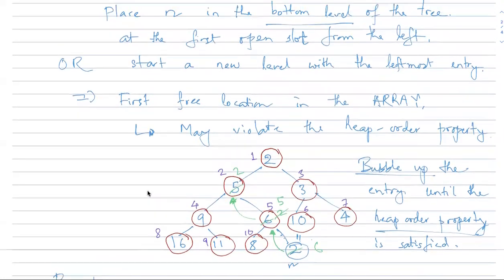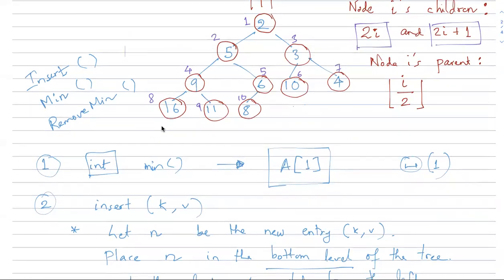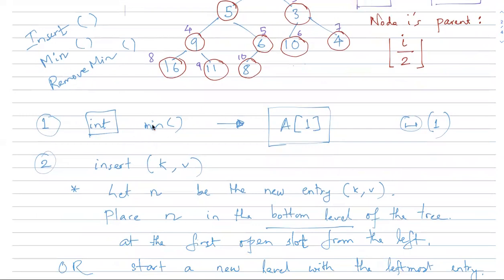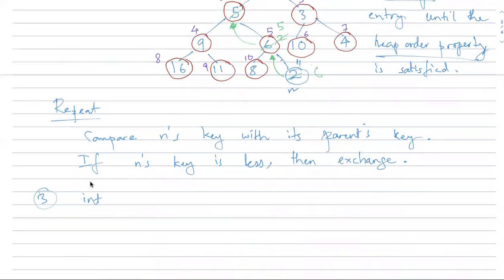So here I'm using integer with the assumption that the value that is stored is an integer. So get min can either directly give you the value of the key, or it may return the index, which can be used to fetch the key as well as the values. It depends on how exactly you are implementing. Regardless, it's going to return some value, either the index or the minimum value itself.